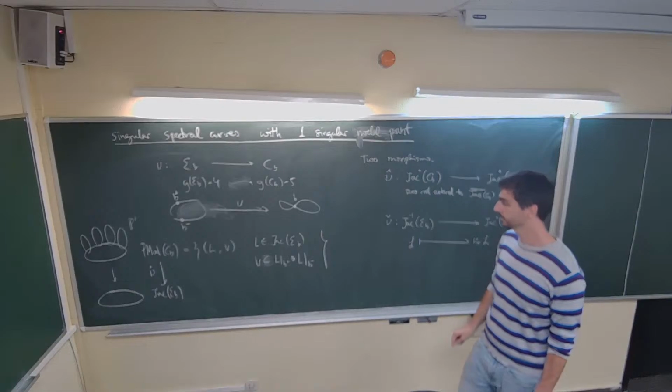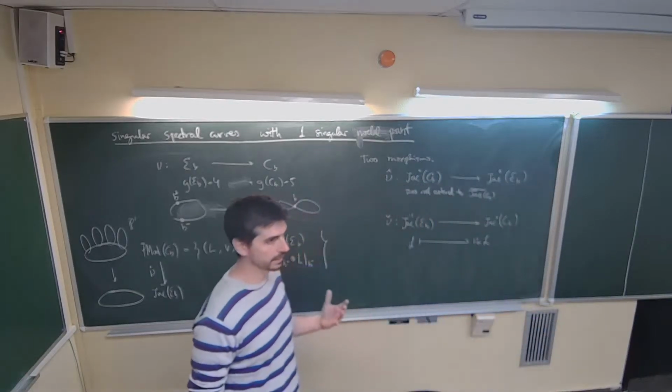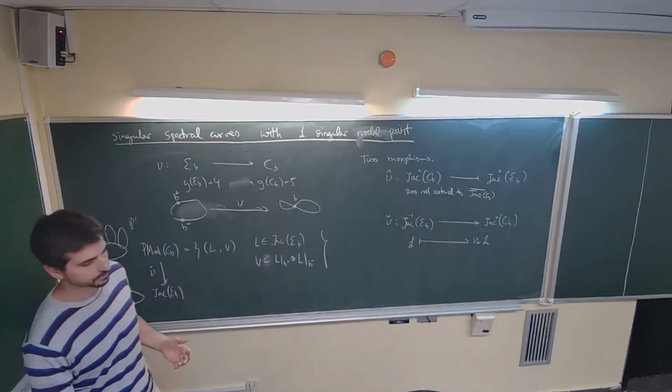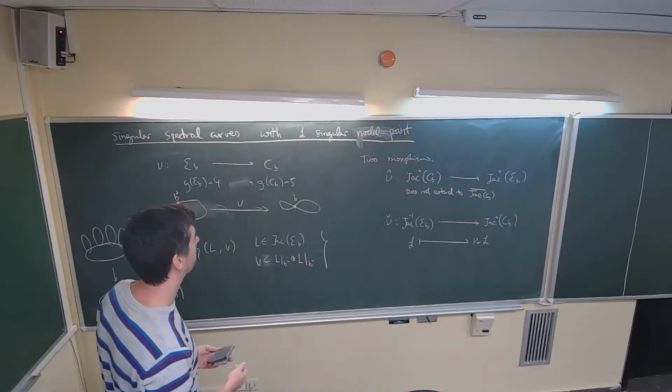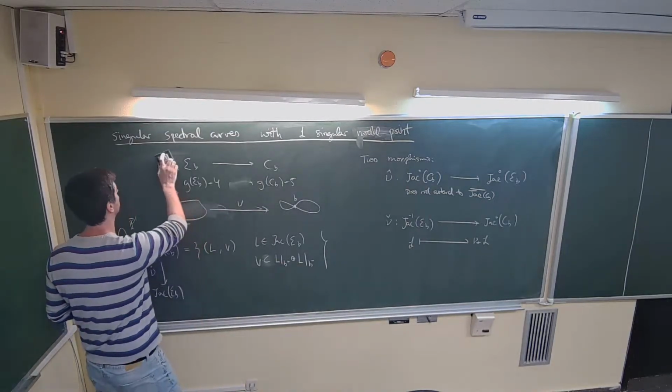Okay. So how does this relate to the actual compactified Jacobian? Through something we call the Hecke transform.